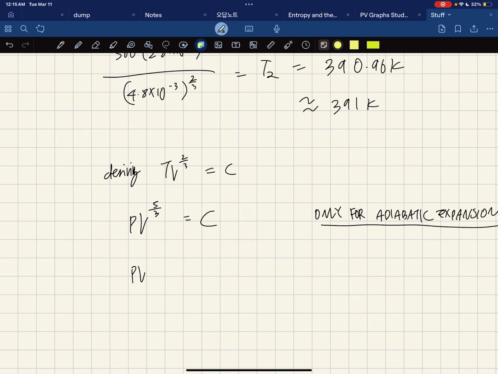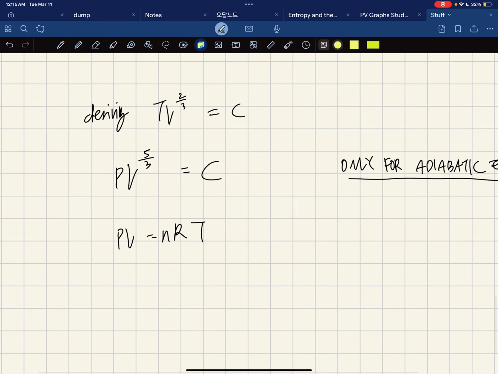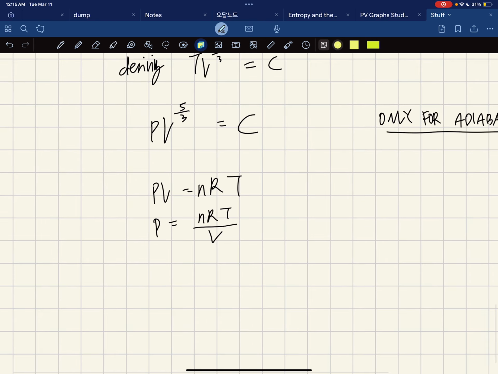So PV is nRT, and P is nRT divided by V. So if we substitute P as nRT over V, we can write this as nRT over V times V to the power of 5/3 is C.